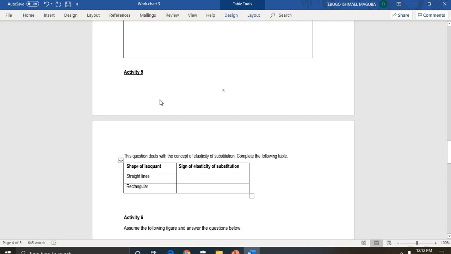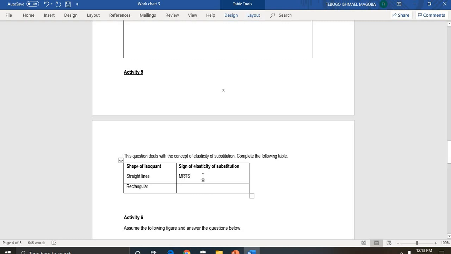Okay, so activity 5, moving on. This question deals with the concept of elasticity of substitution. Complete the following table: the shape of isoquant, and the sign of elasticity of substitution. So elasticity of substitution is based on the marginal rate of technical substitution, the MRTS.